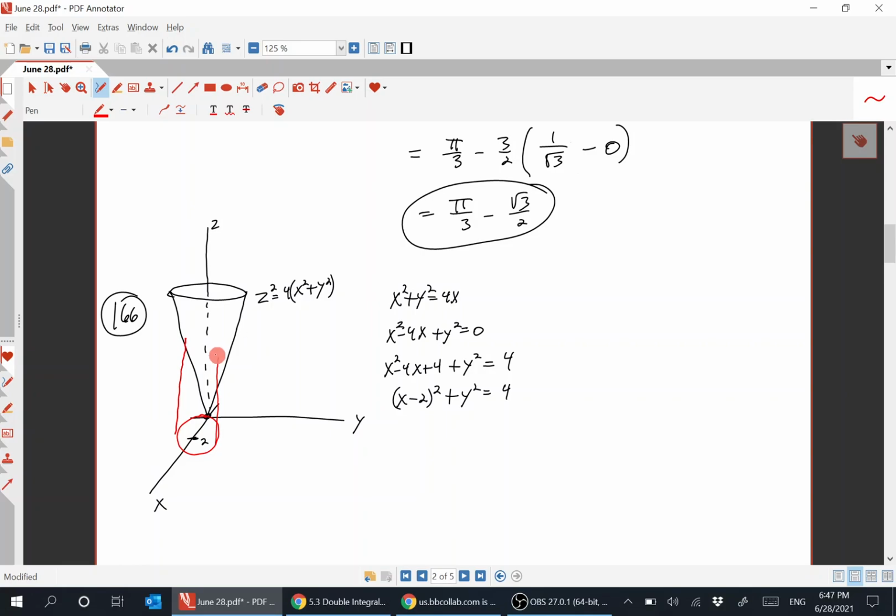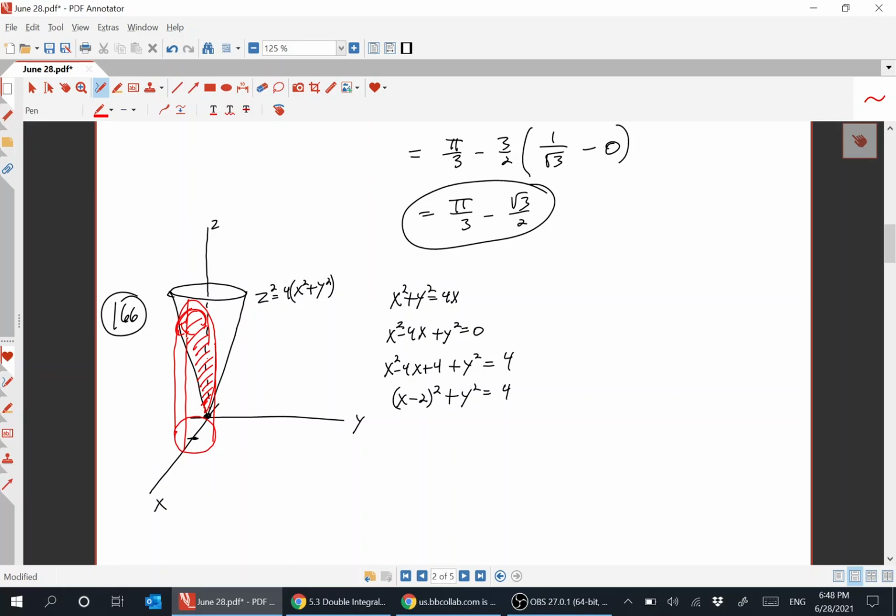So what does the intersection of this cylinder and cone happen to be? Let me see if I can draw this a little better. The intersection of the cylinder and the cone is kind of this shape here.